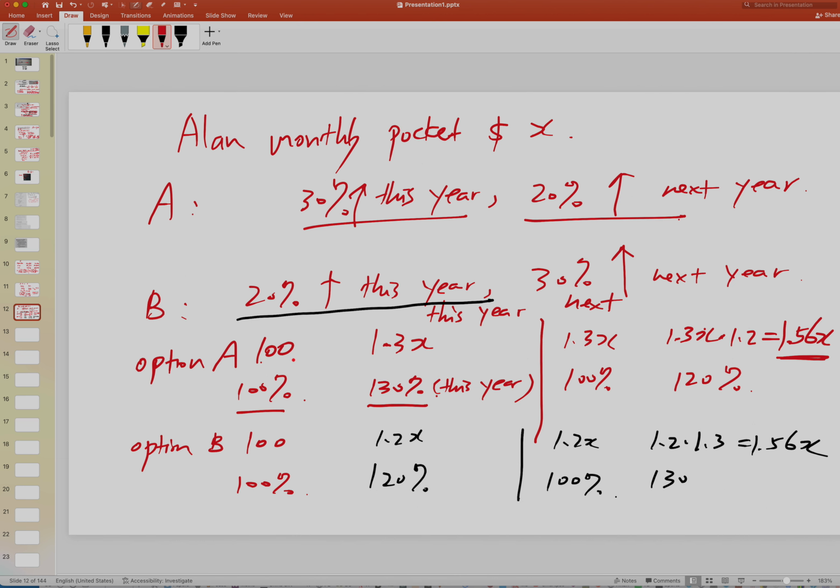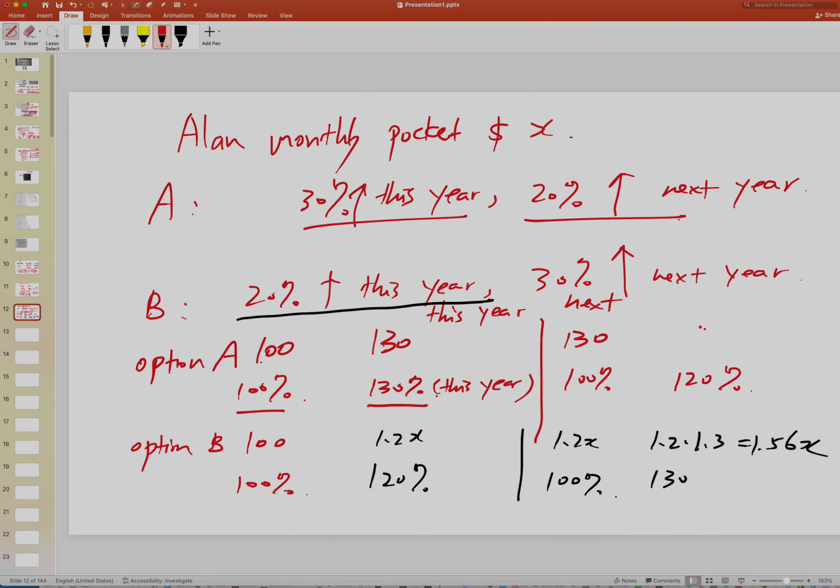So you start with 100. This one is $130. So $130 is your 100%. 120% is how much? 150?